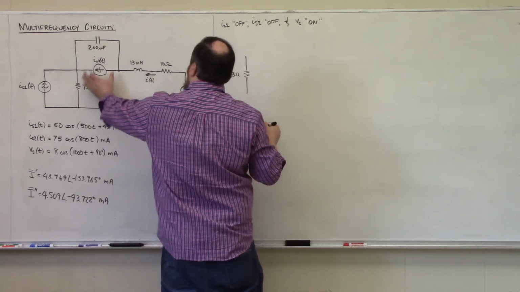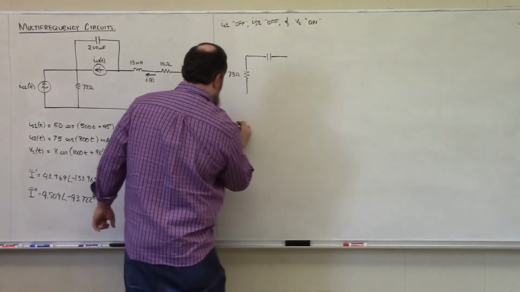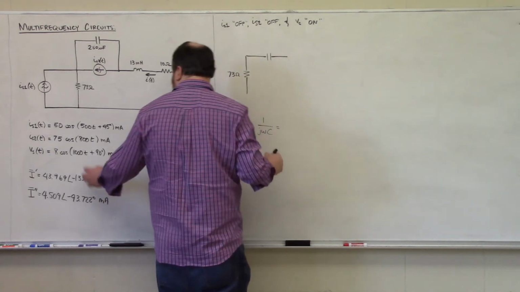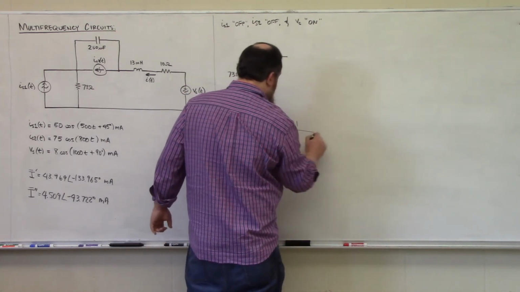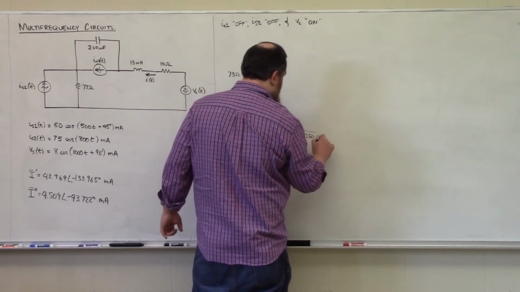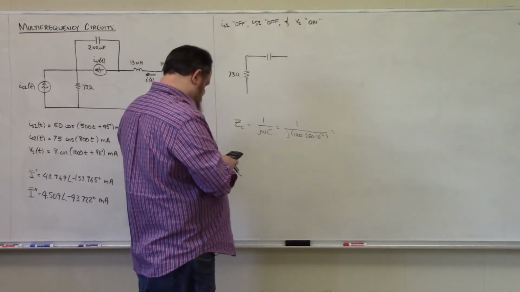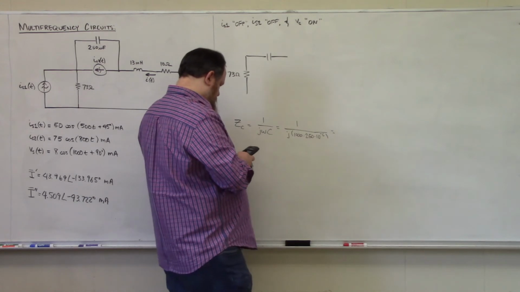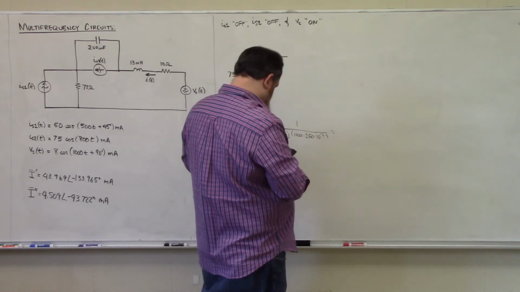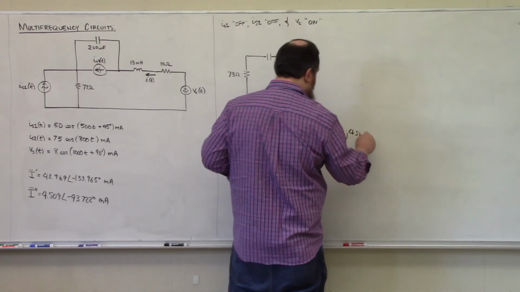This is an open circuit, so I'm just going to slide that 250 microfarad capacitor down, where again ZC will be 1 over J omega C. In this case, omega is 1,000 radians per second, so that's 1 over J 1,000 times 250 times 10 to the minus 6, which gives me minus J4 ohms of impedance.